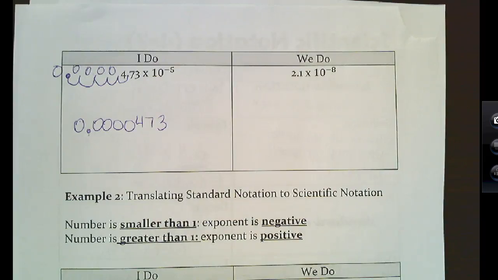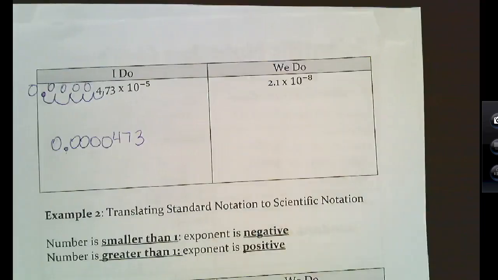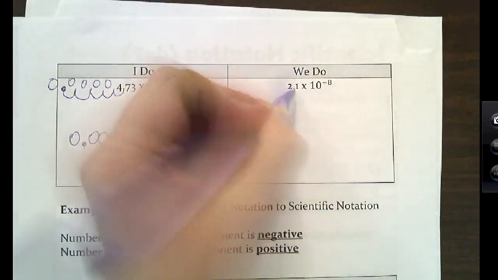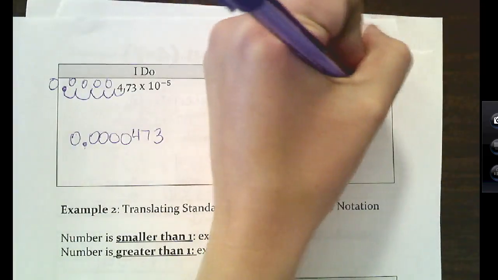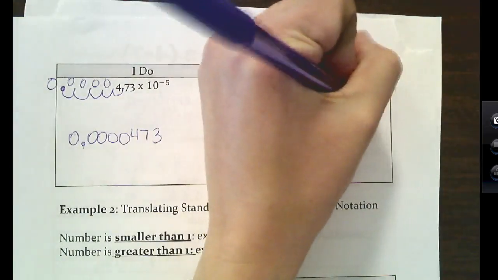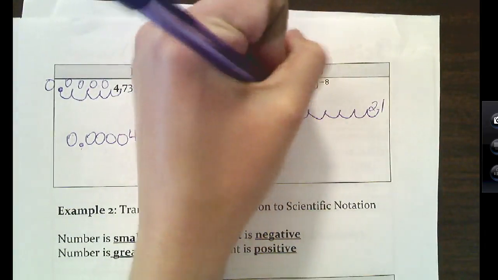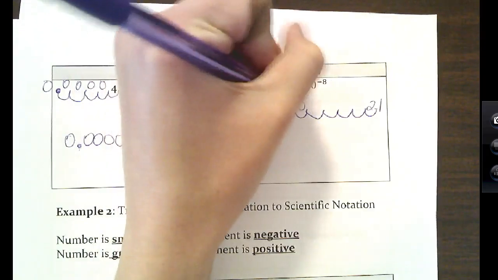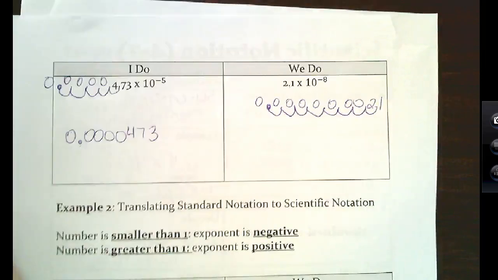All right. Who thinks they could raise their hand and help me out with this one? What did you do first to solve this one? You're taking scientific notation, convert it to standard notation. Go ahead. Very good.